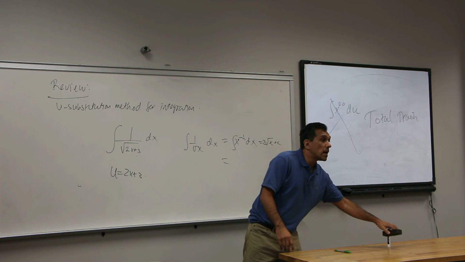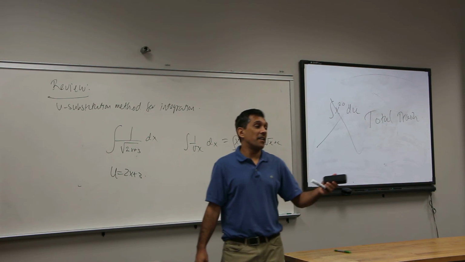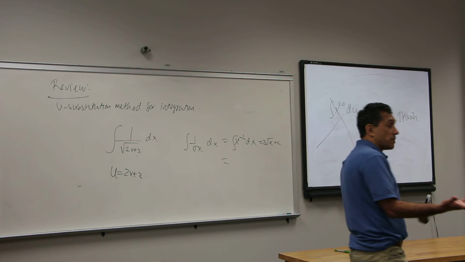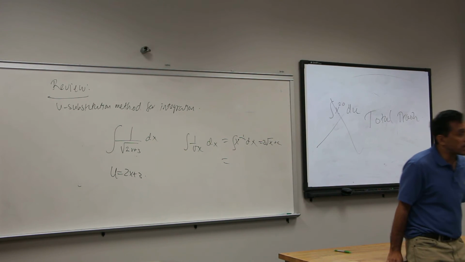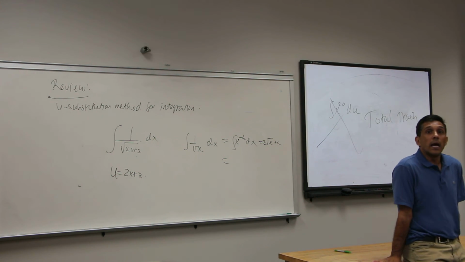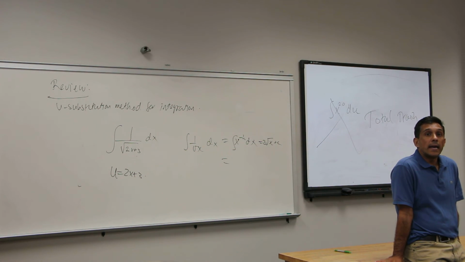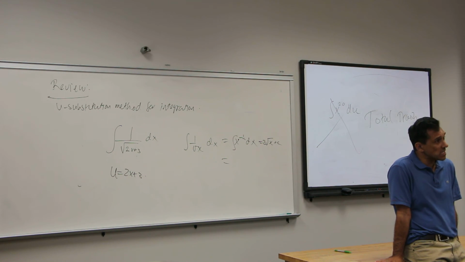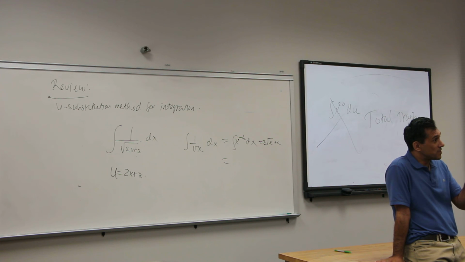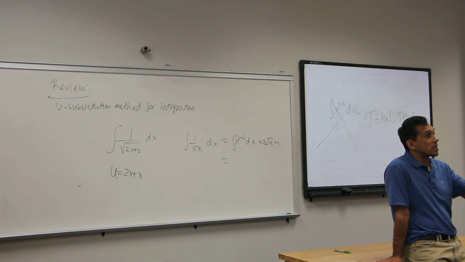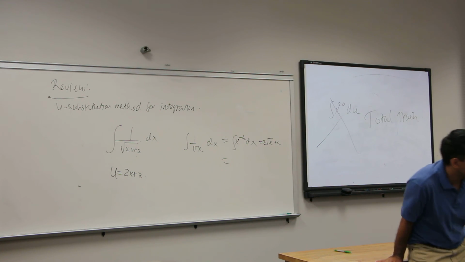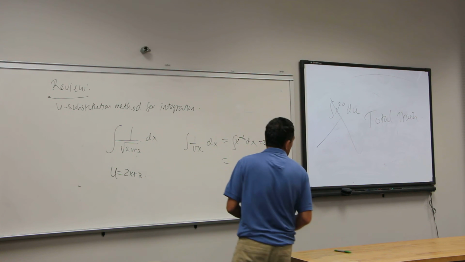So, speaking to that, it will become for you an exercise to determine what is the correct substitution, even were a u substitution to work. For example, if you have something like this.